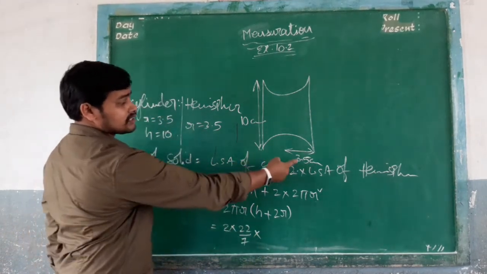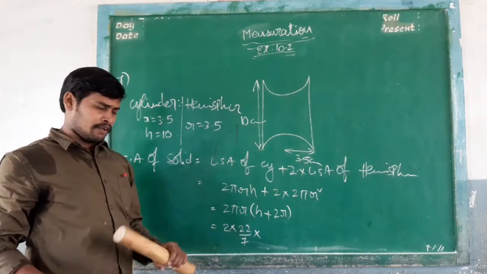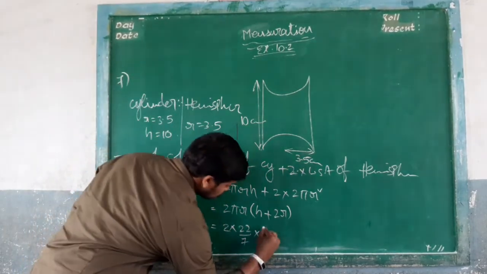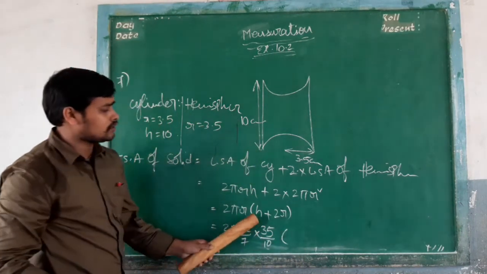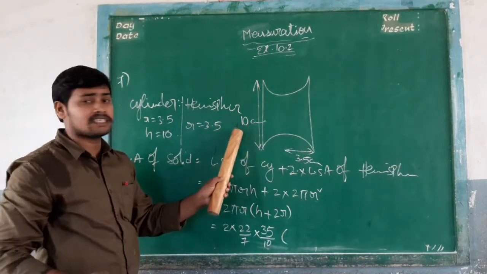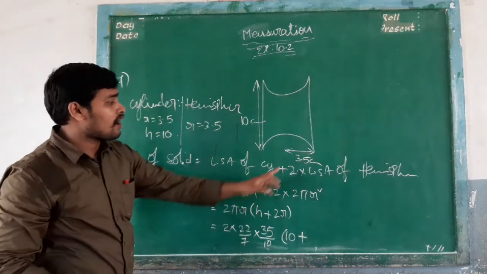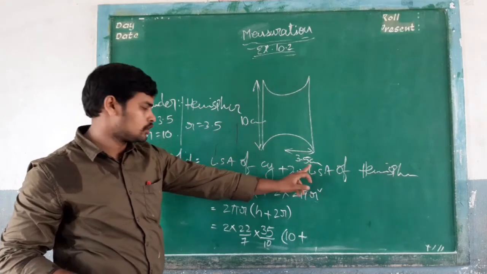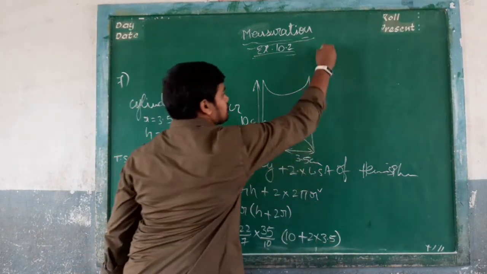Radius. What is the radius here? Radius is 3.5. 3.5 can be written as 35 by 10. H. What is the H value? H is about the cylinder. Cylinder height is 10. 10 plus 2 into R. What is the R value here? R value is 3.5. 2 into 3.5.